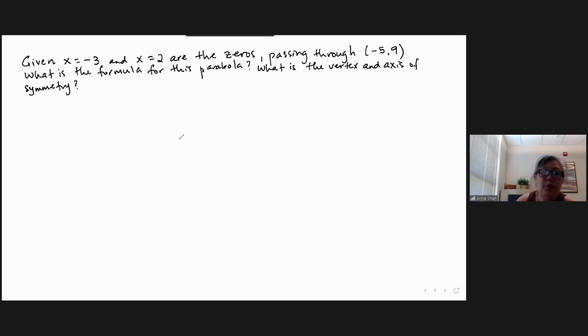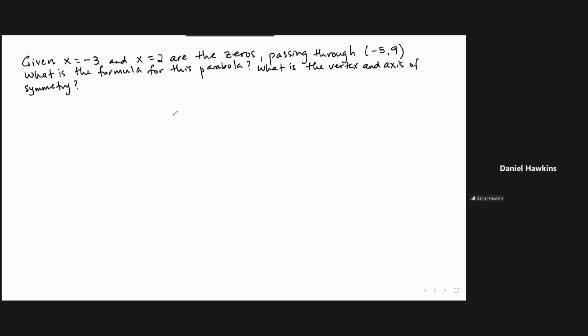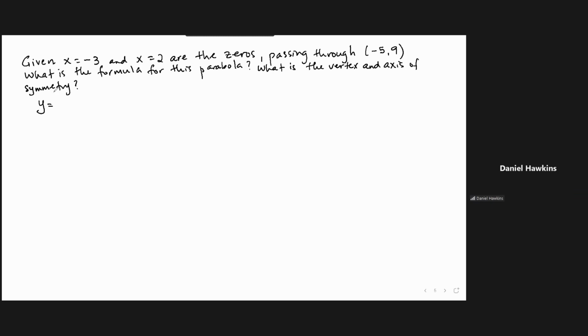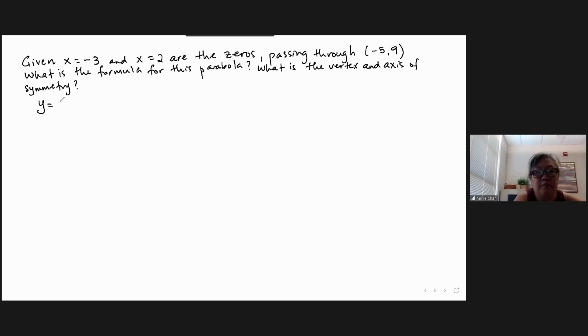What is the general equation for a parabola? Wow, how many people did I lose? It's a quadratic, right? Yes, a parabola is quadratic. Let's write the equation first. y equals... not the standard form, not vertex form, the factor form.